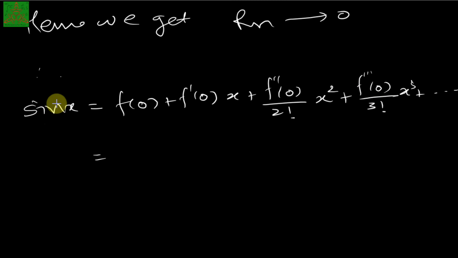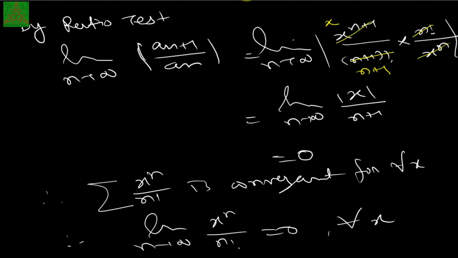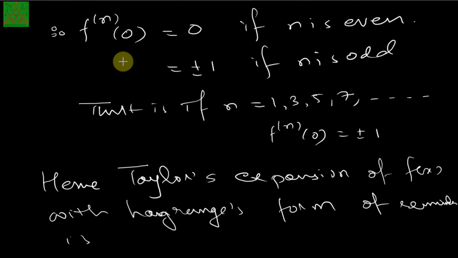f(0), that is sin 0, gives me 0. f'(0), that is the first derivative at 0, will be cos 0, which gives me plus x. Minus f''(0) we can also obtain from this situation. That means if it is an even number, then it will be 0, and if it is odd, then it is alternately plus and minus.